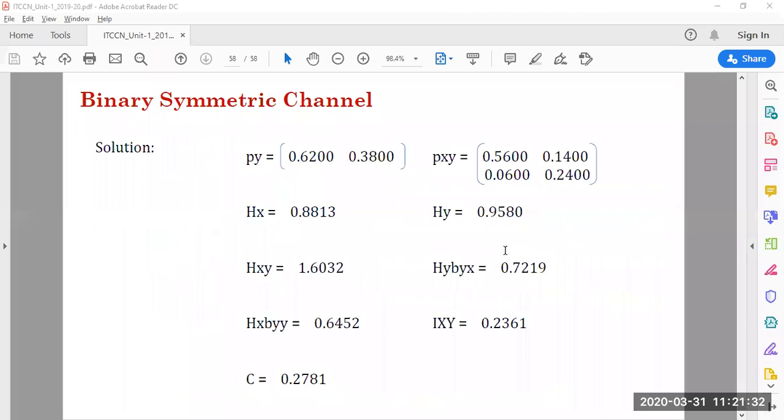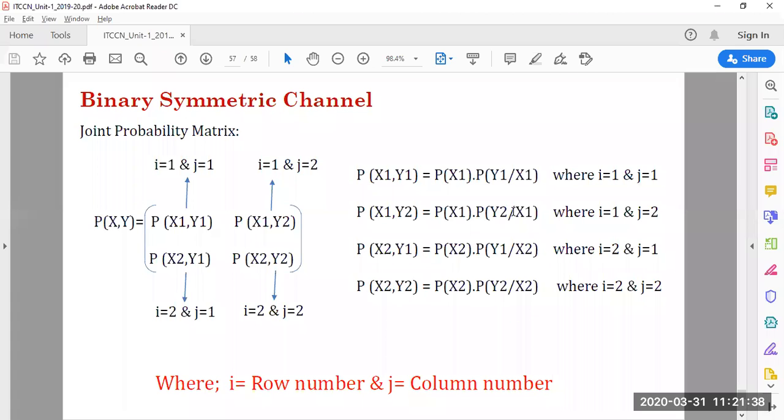Then calculate the mutual information. So H(Y/X) is 0.72 and H(X/Y) is 0.64 or 0.65. Correct.